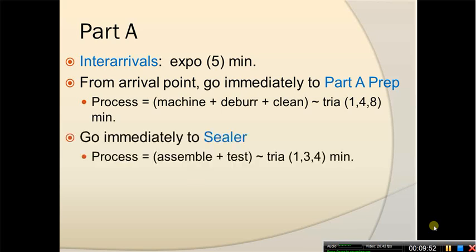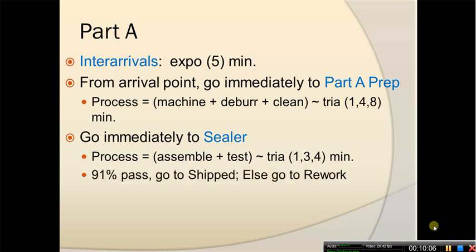And there's another process. This is assembling and test, and it takes a triangular 1, 3, 4 minutes time. And then after the sealer process, there's inspection, and 91% pass inspection and go to shipped.